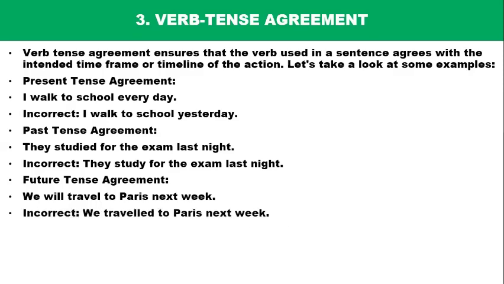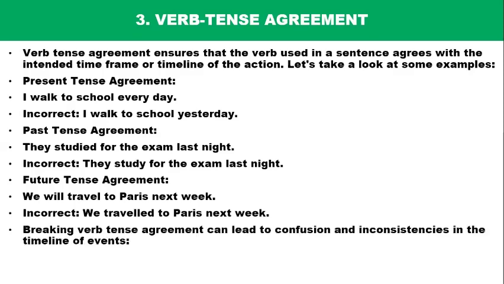It will be incorrect to say we traveled to Paris next week. You can't use the past tense to talk about a future event. Now, take note that breaking verb tense agreement can lead to confusion and inconsistencies in the timeline of events. Okay, so take notes of that.